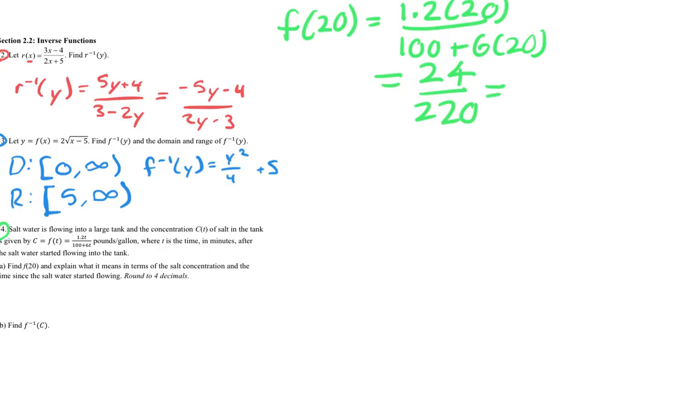So when we simplify that, we have 24 divided by 220, which leaves us with 0.1091, and that is in pounds per gallon.